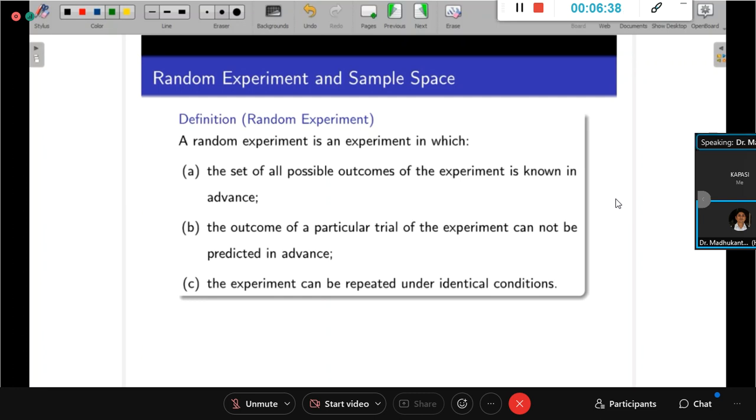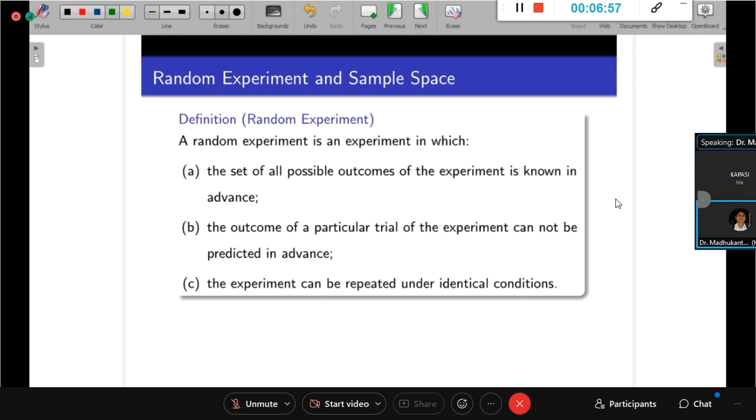Random stands for randomness. It has three bullets attached, A, B, C, which we discussed in detail in the last lecture.